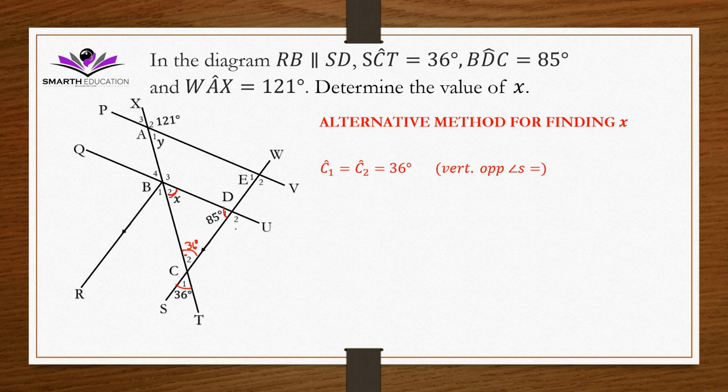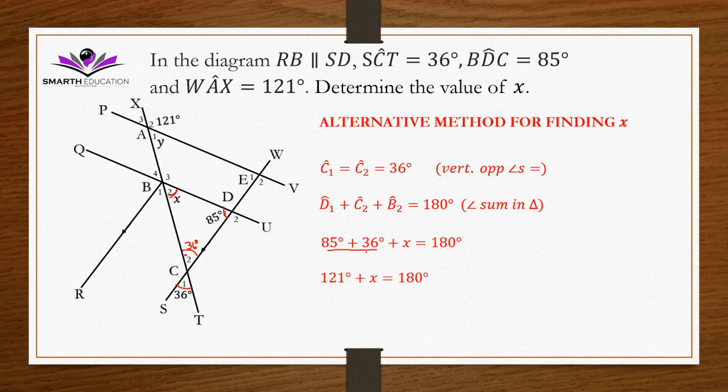So we say angle D1 plus angle C2 plus angle B2 must give us 180 degrees, angle sum in a triangle. We substitute what we have, and then we can find x. This is 121 degrees, and we transpose, it becomes 180 degrees minus 121 degrees, which is 59 degrees. So this angle is 59 degrees.